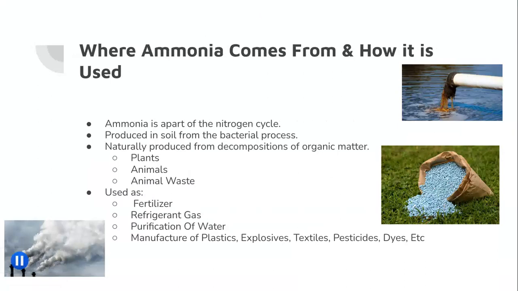So it can come from plants decaying or plants pushing out different things, or it can come from animals dying and animal waste, of course, like cow manure. And it's used as fertilizer is the main thing, refrigerant gas, purification of water, manufacture of plastics, explosives, textiles, pesticides, dyes, and a lot more.